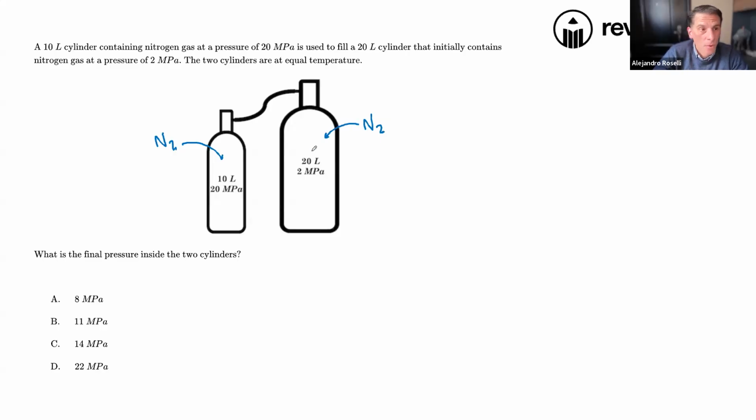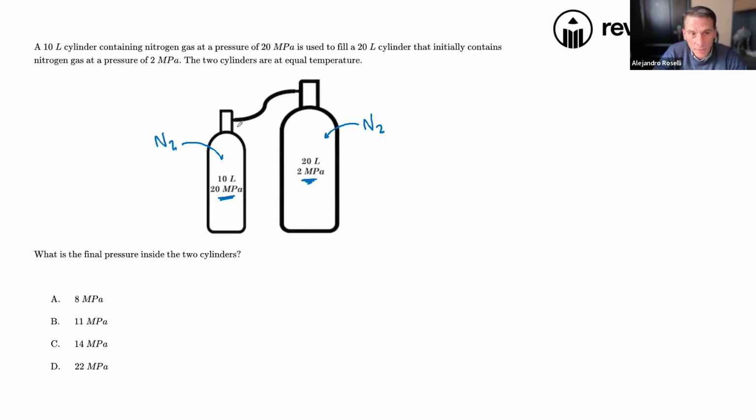We have one cylinder at a high pressure, the other one at a lower pressure, different volumes. The question is, what is the final pressure inside the two cylinders? Okay, let's try to understand what's going on. We have high pressure on the smaller cylinder, 10 times the pressure of the bigger cylinder.